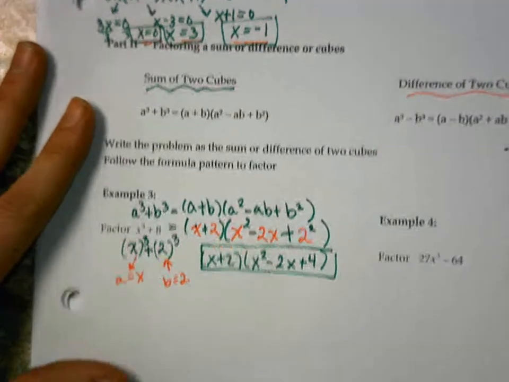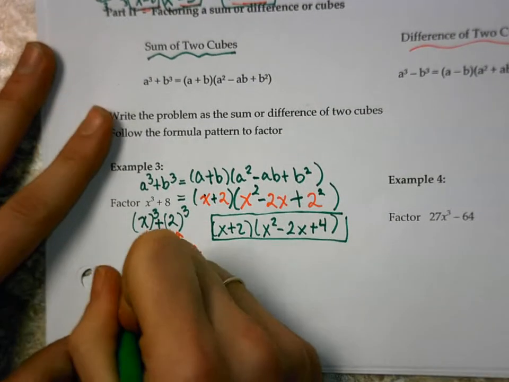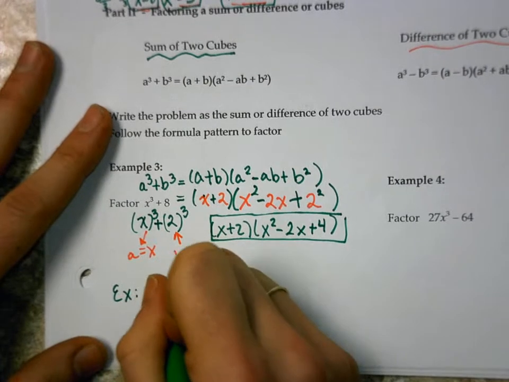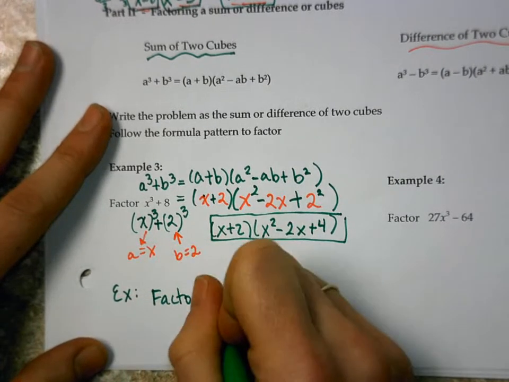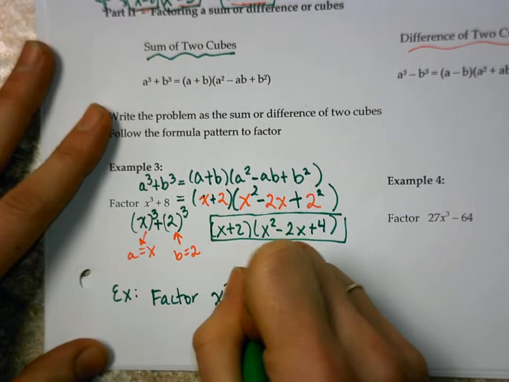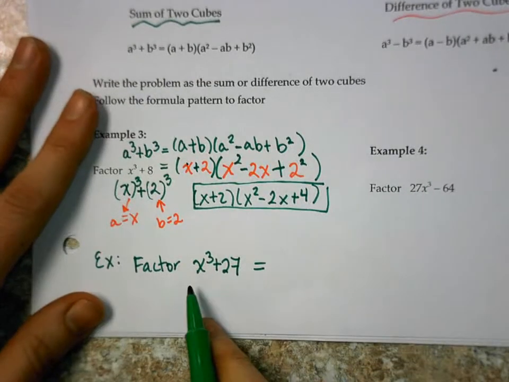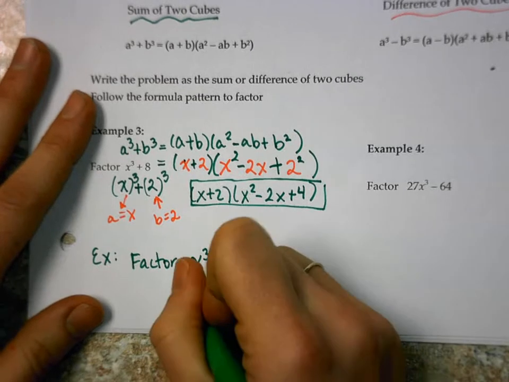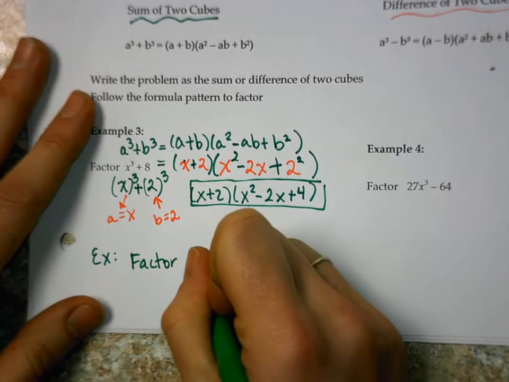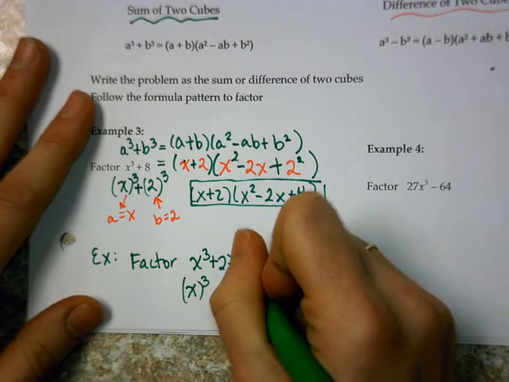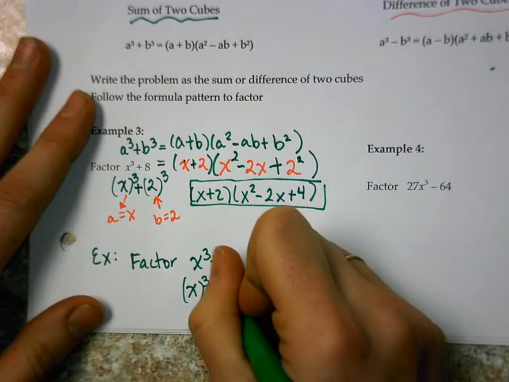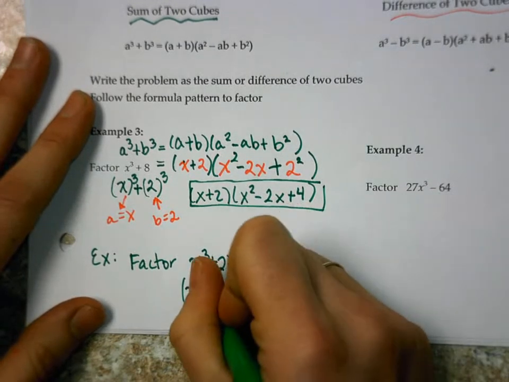So let's try another example. I'm going to add one down here. If I ask you to factor x cubed plus 27, the first thing you have to determine is what are your two cubes that you're working with. X cubed is the first one, and what times what times what would give me 27? That would be 3 cubed.